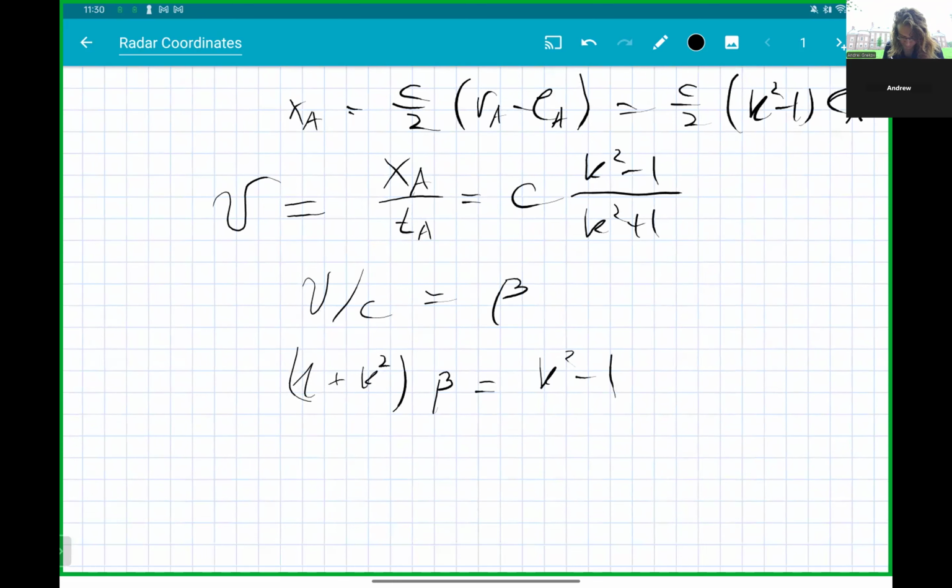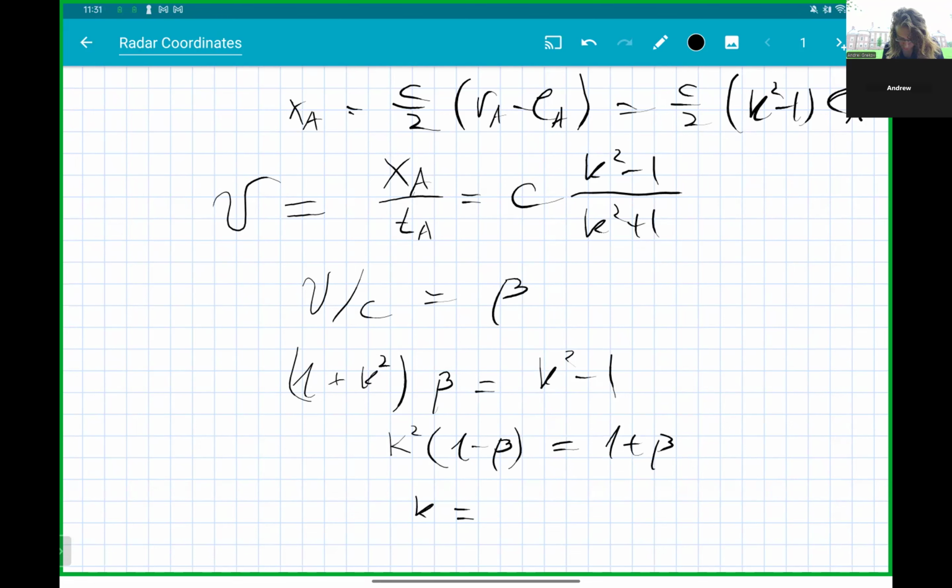So K squared times 1 minus beta is equal to 1 plus beta.